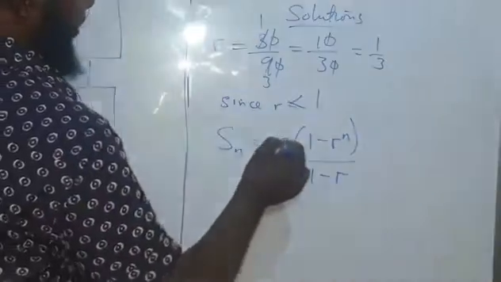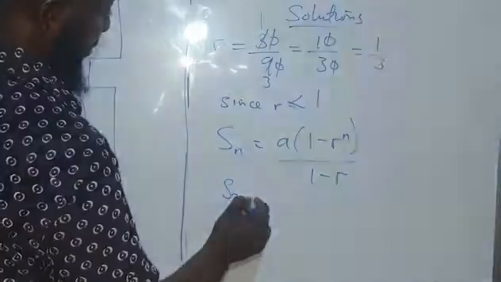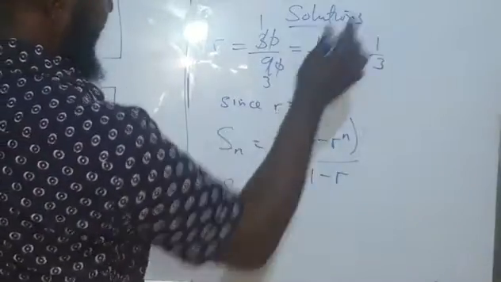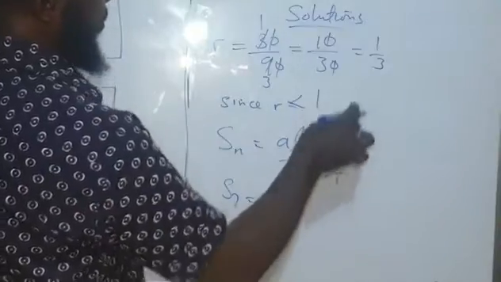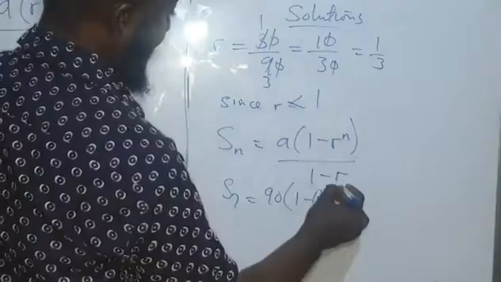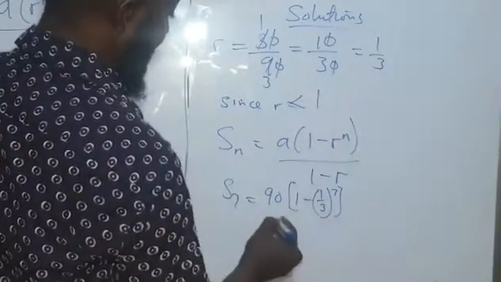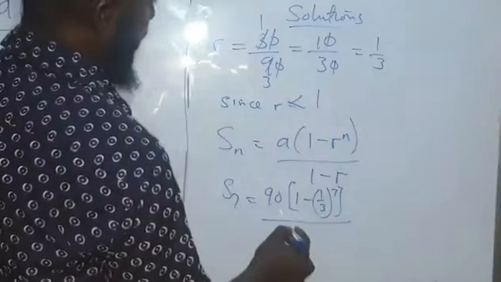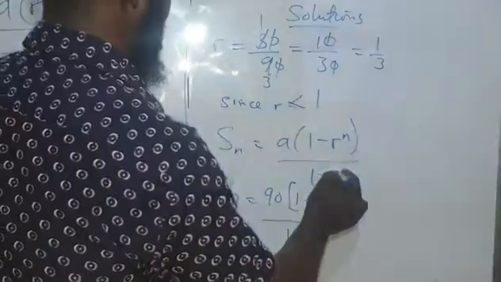Sum to 7 terms, S7, will be equal to A, the first term here, 90, into bracket 1 minus R, which is 1 over 3, raised by 7. We close it, divided by 1 minus 1 over 3. So we then solve for this.